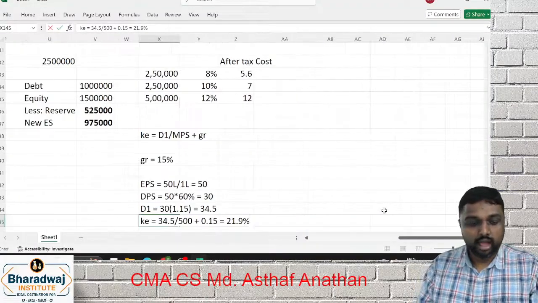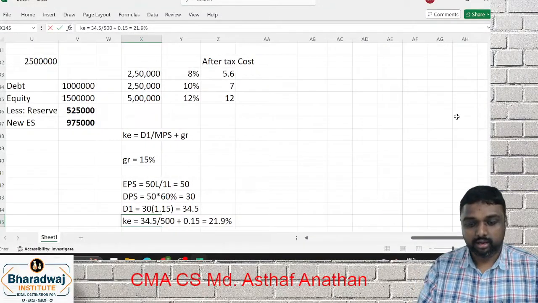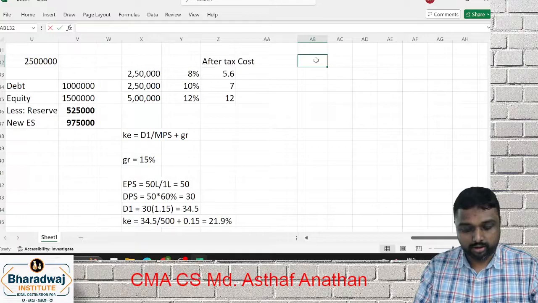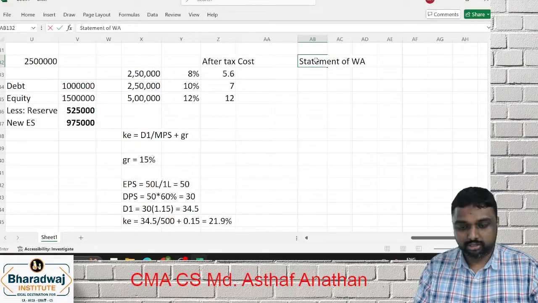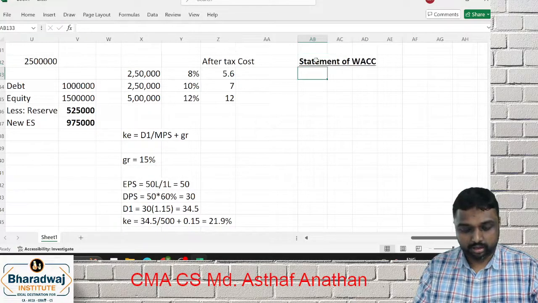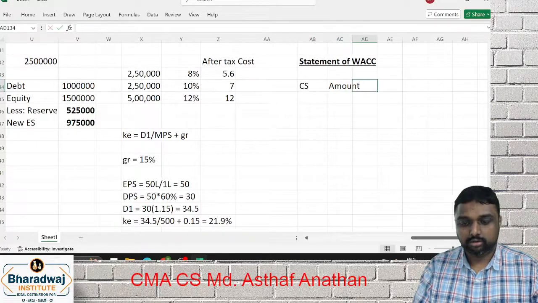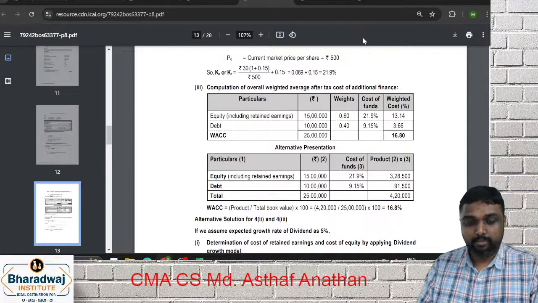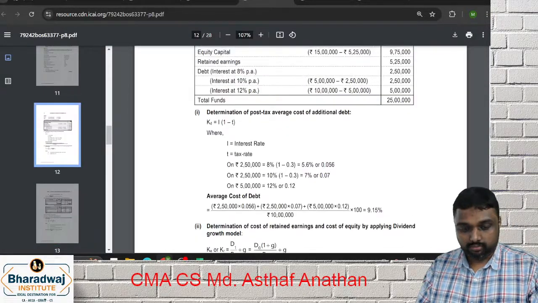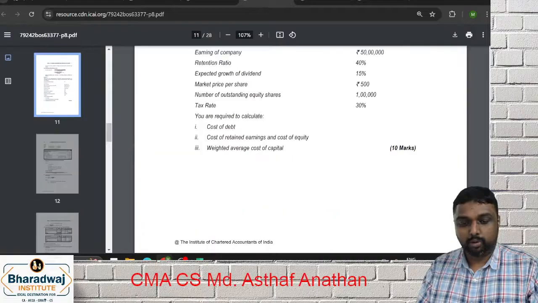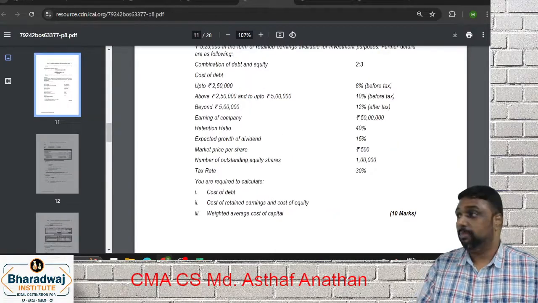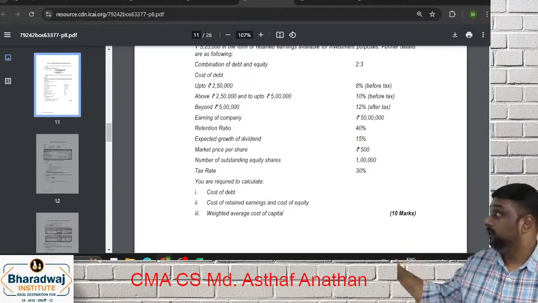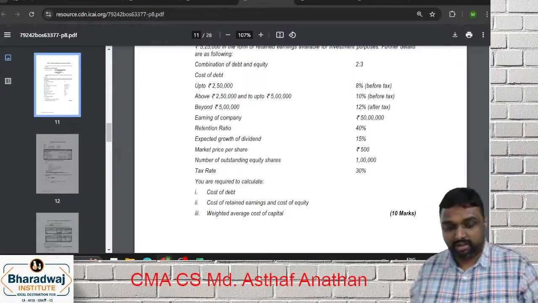If you want, I will make the table here. Statement of weighted average cost of capital: capital structure, amount. See, let me tell you, in the question they were asking one small point. Cost of debt we did individually. They don't say average. You can do average also.